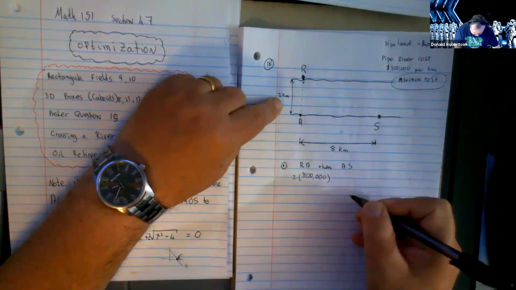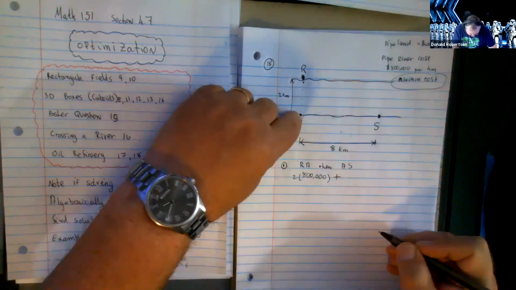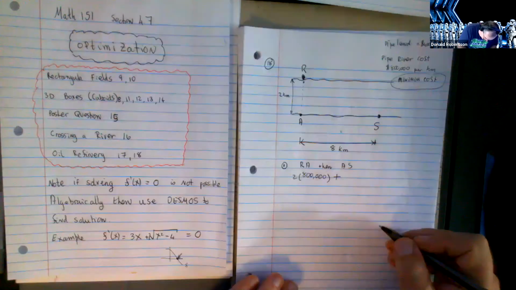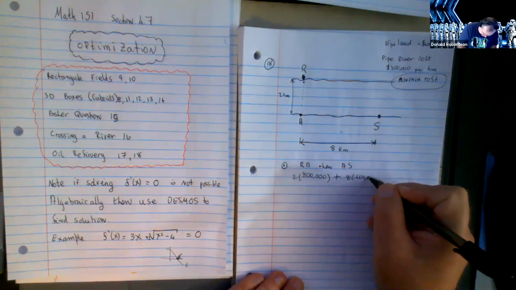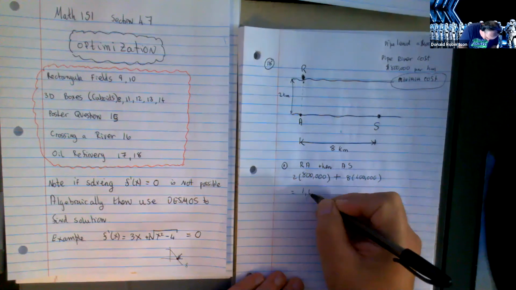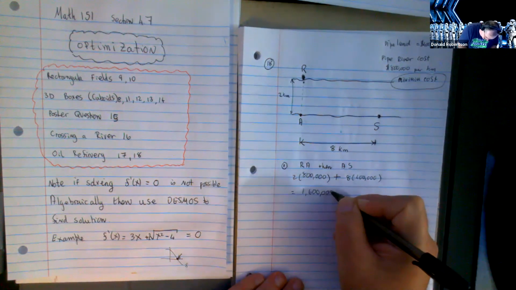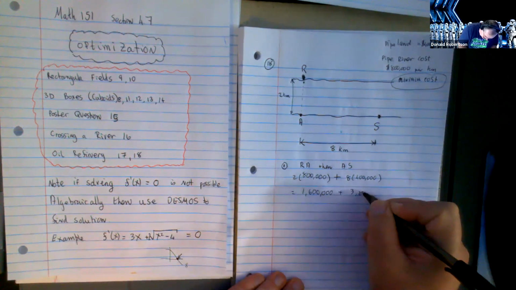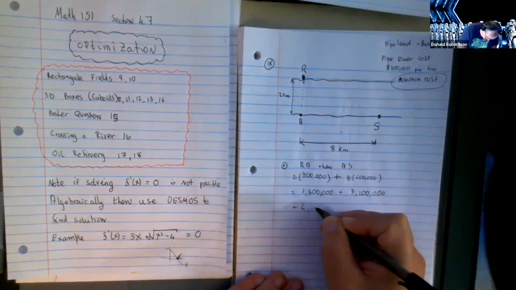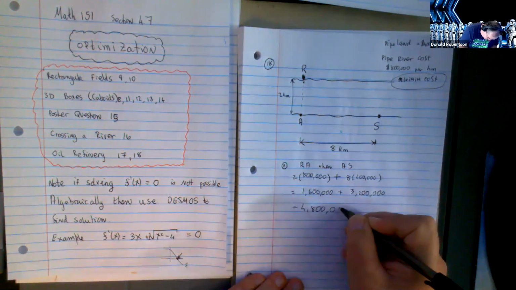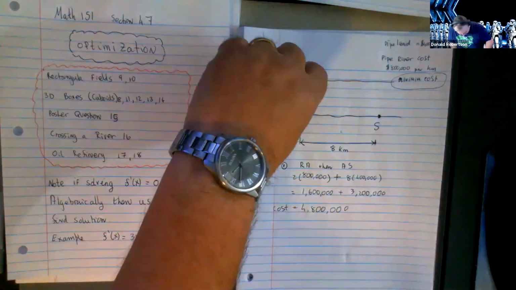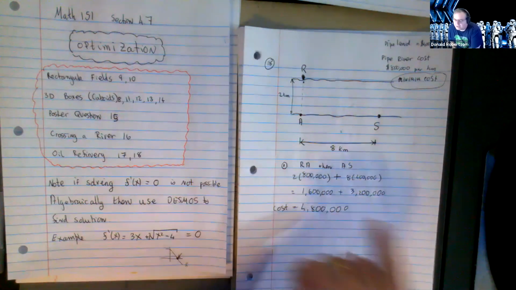Then you're going to add 8 more kilometres of pipe at 400,000 each. And that comes to 1.6 million plus 3.2 million, which gives me 4,800,000. So if you just want to go straight and straight, the bill will be 4,800,000.